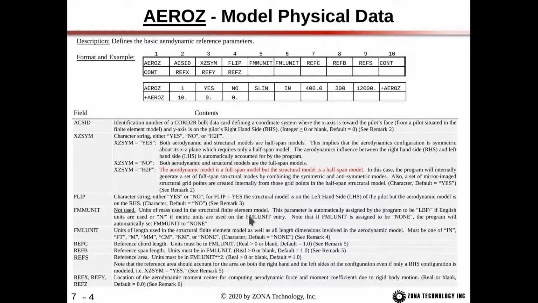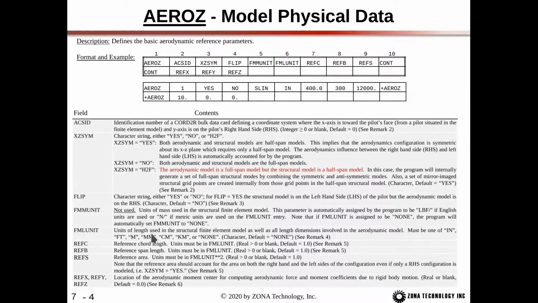So the restriction here in your structure model, whatever units you choose, is that the derived force unit must be either pound force for the English system or newtons for the SI units, the metric units. So if you have inches as your length unit, then the mass must be slinch. If you have meters, then of course the mass unit would be kilogram.